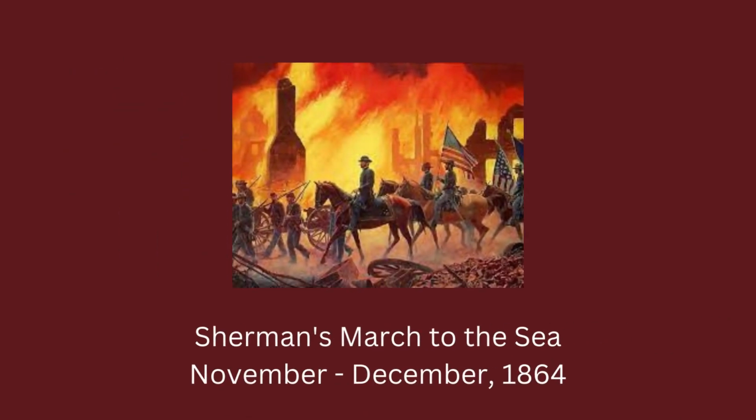This is followed by what's known as Sherman's March to the Sea. General Sherman, leading tens of thousands of American soldiers, takes a brutal and devastating march through what is today southern Georgia and then through South Carolina all the way to Charleston, destroying plantations as he goes and almost by himself crushing Southern will to fight.